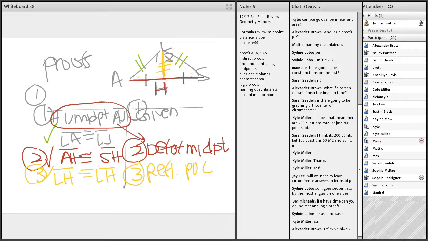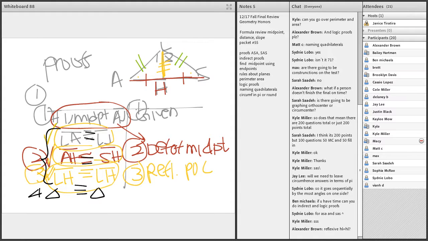And so look at how my picture has 3 tick marks, and my statements have 3 congruency statements, like 1 congruent, 2 congruent, 3 congruent. So we're ready to say the triangles are congruent. You always need 3 things congruent before you say triangles are congruent.